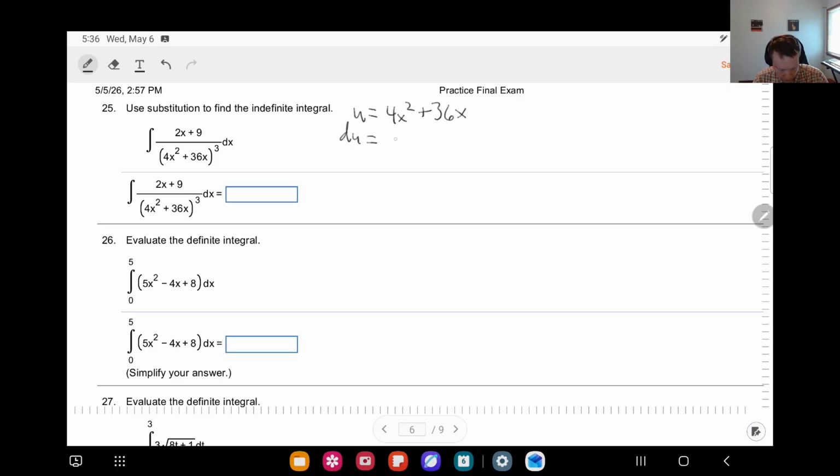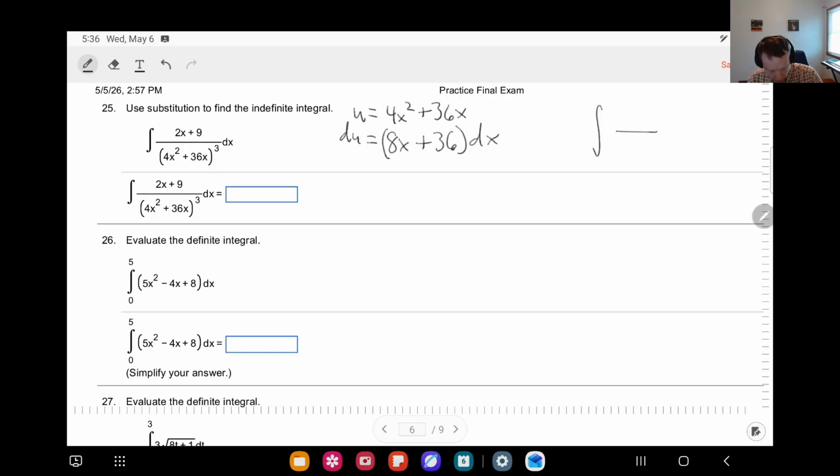du is the derivative of u, 8x plus 36, and then dx. Okay, will this work? Well, what will happen to the integral now? Write it over here.